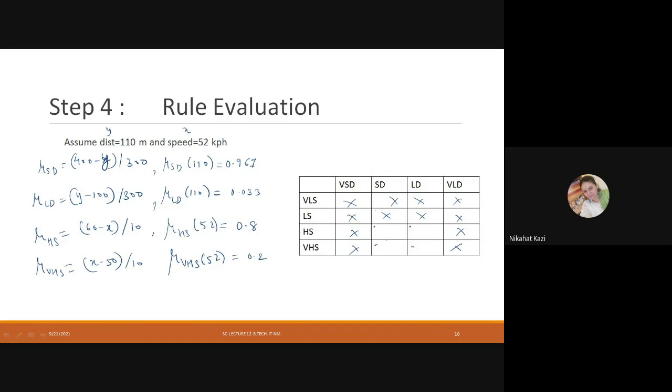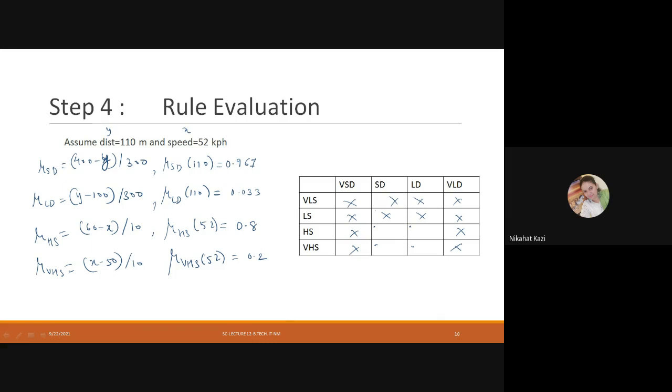So what will come in the intersection of these? These are rules. We have used AND, because we have said that when the distance is short and the speed is high, then the brake power is so and so. So we have used AND, so we need to take the min of the values again in this case as well.